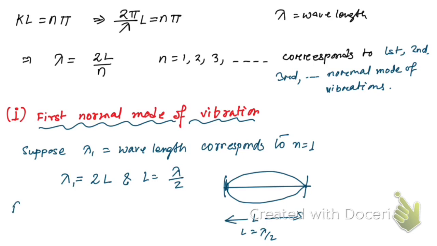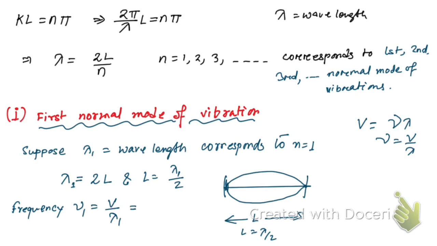So now you see, frequency of vibration. Let me write this one as lambda 1, instead of lambda, and frequency, let me write simply frequency nu 1. We know that speed of wave v is equal to nu lambda, so that's why nu will be equal to v by lambda. So here we're going to get v by lambda 1, where v is the speed of the wave.